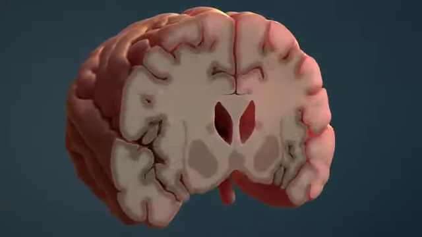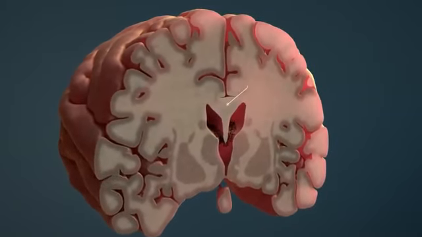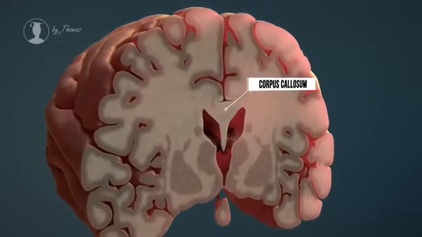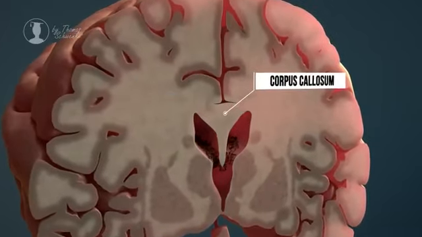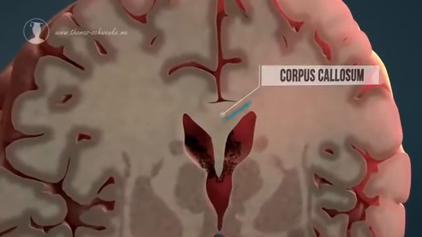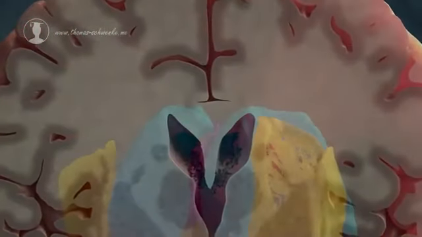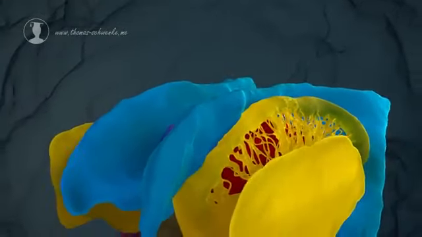The entirety of these nerve fibers is called corpus callosum. The thumb-sized corpus callosum is used for the exchange of information and coordination between the two hemispheres of the brain, so the left hand literally knows what the right hand is doing.